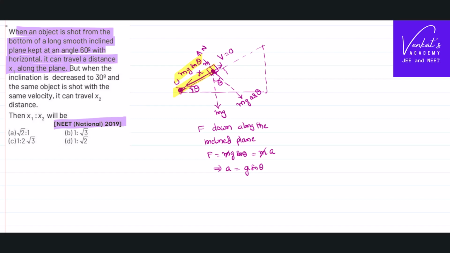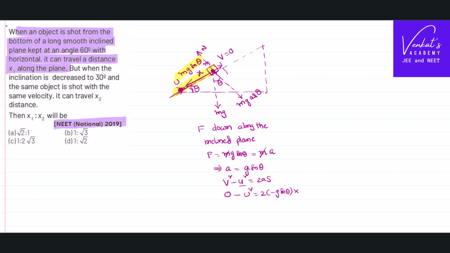So I can use the equation v square minus u square equal to 2as. It is stopped, so v is 0, and u is the velocity along the inclined plane itself. a equal to minus g sin theta because it is against the motion. You are trying to move up the plane and g sin theta is acting against it. s is equal to x.